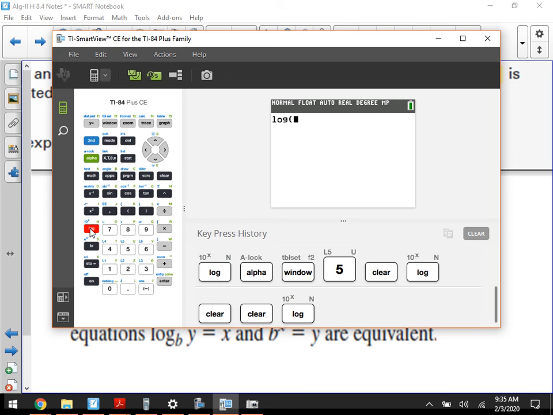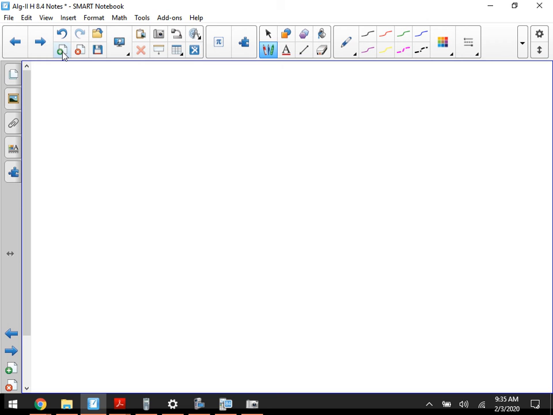It's called base 10. We just don't write it because it's common. It's technically a base 10. We just don't write the 10. It's like not putting a 1 in front of a coefficient.